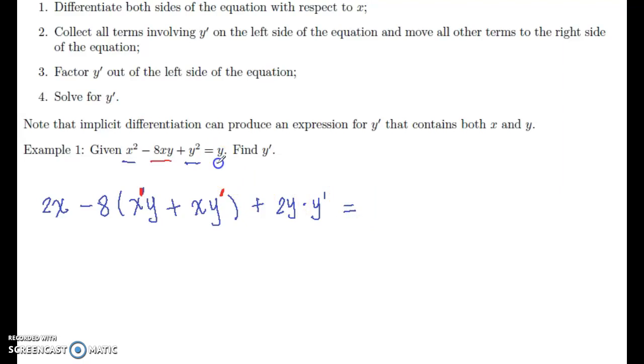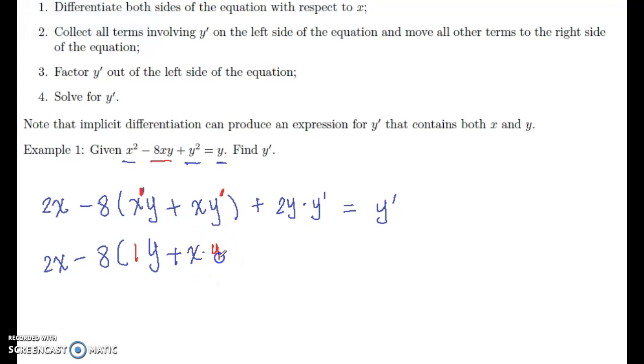Okay, so then it equals, what is the derivative of y? It's just y prime. So now we simplify a little bit. We get 2x minus 8 times the derivative of x, which is just 1, times y plus x times the derivative of y. I'm going to use color so you can see better.